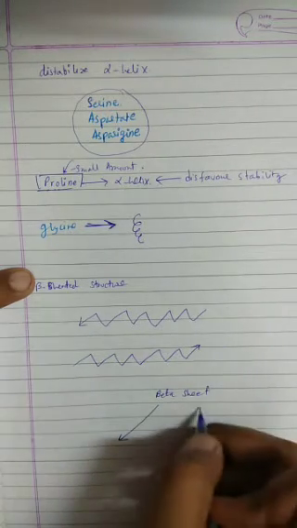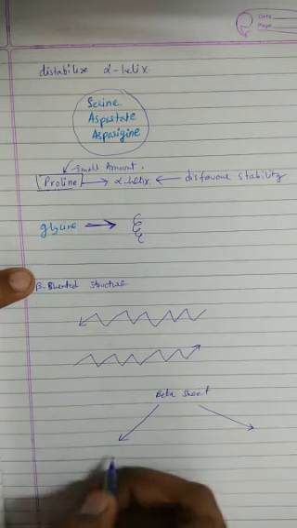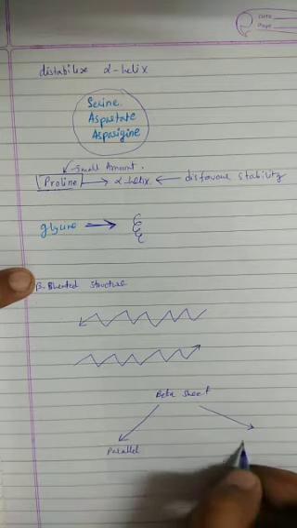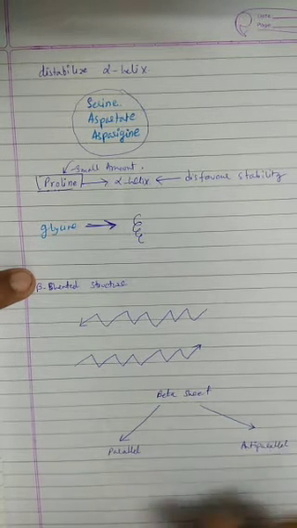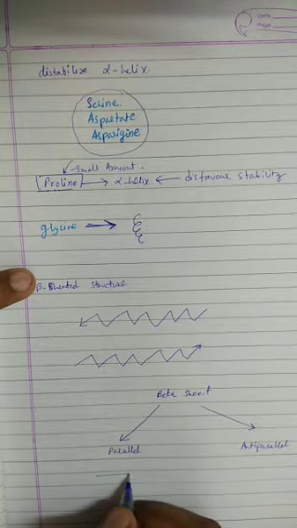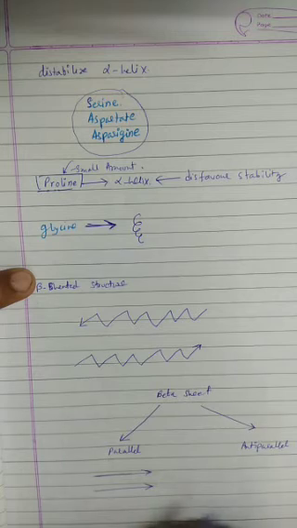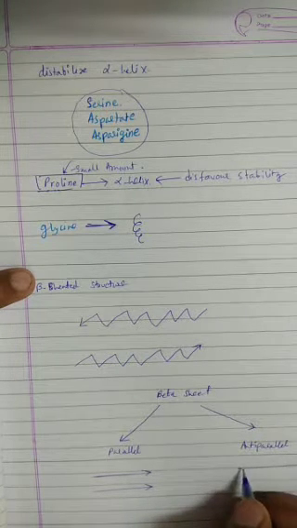Two configurations are there: parallel and anti-parallel. In parallel, the two chains run in the same direction, while in the other form, they run in the anti-parallel direction.